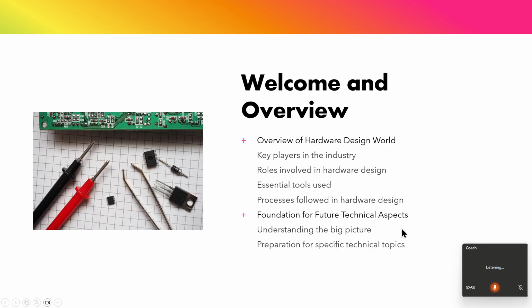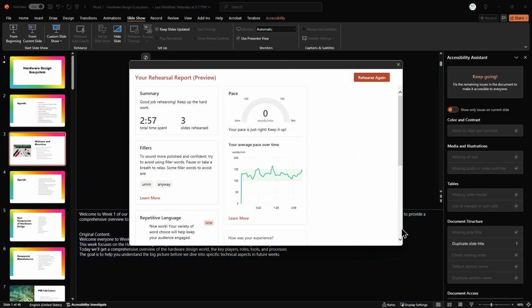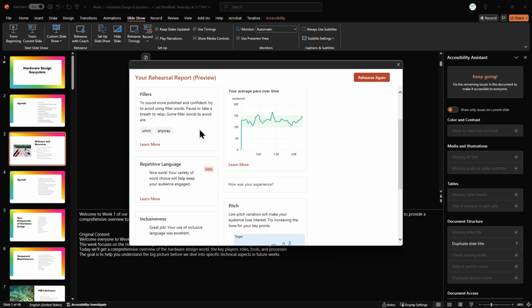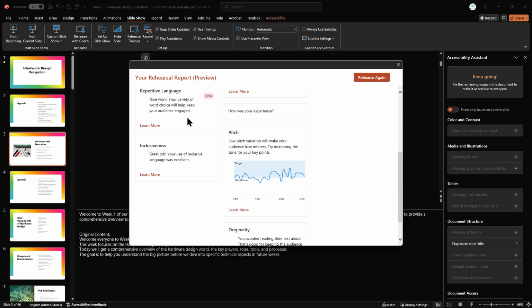Once you're done with your presentation and hit escape, it'll give you a rehearsal report. That's crazy, right? So it lets me know how long I've been rehearsing for, the slides that I rehearsed, the number of slides. I got a lot of slides in here. Then what filler words I like to use the most, any repetitive language. So it seems like this has been around for a while.